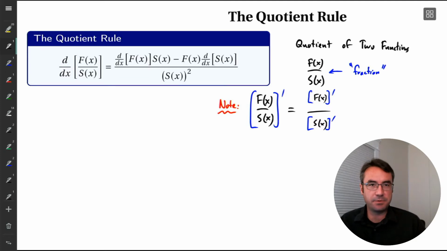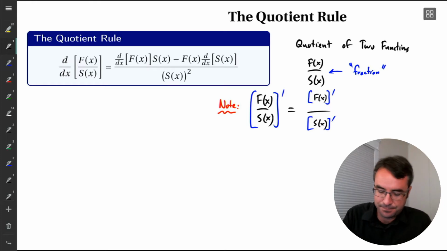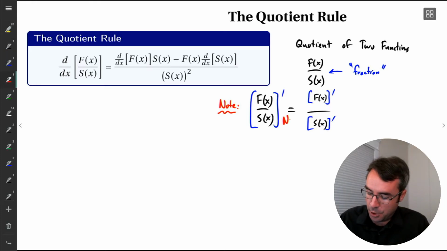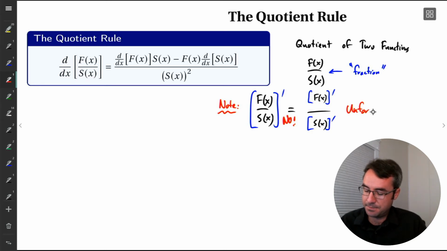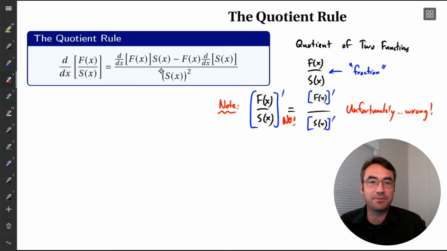Very plausible, very tempting, but unfortunately, it just doesn't work out that way. So, no. Doesn't work this way. Unfortunately, wrong. Very tempting, but it just doesn't work out.